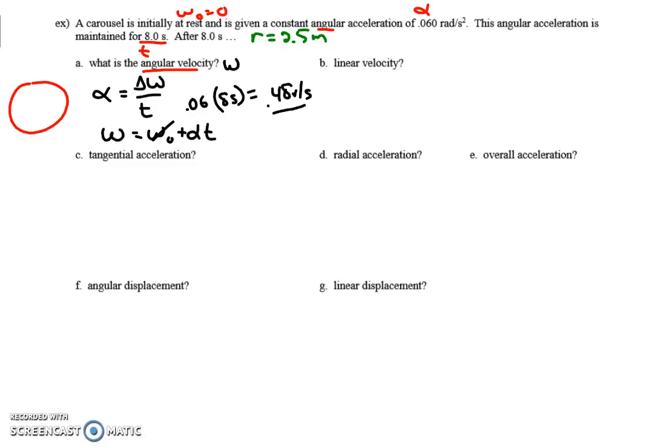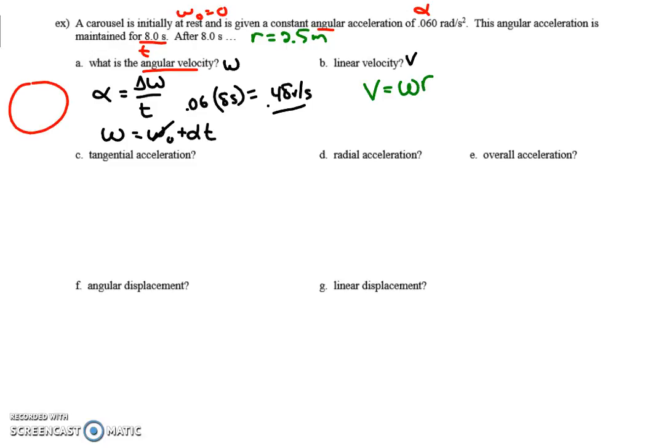What's the linear velocity? Well, I'm going to label that as v. There's a lot of different ways you can do v. We know v is v naught plus at, but we don't know linear acceleration, but we do know angular. So anytime we have that, the most direct way is v is omega r.